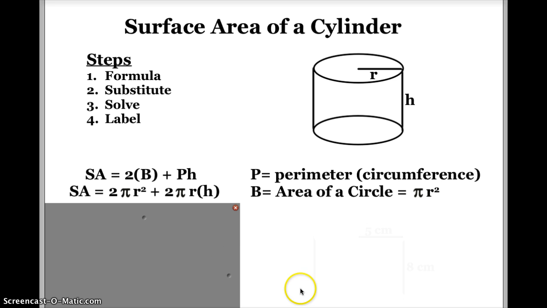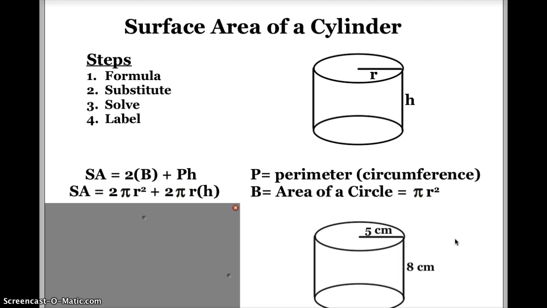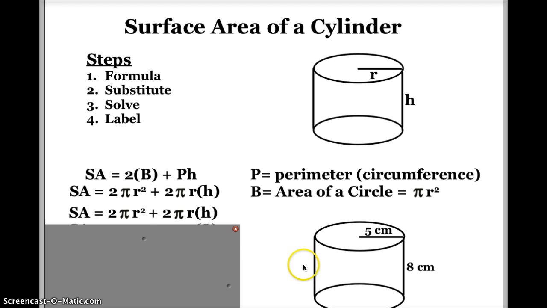So here's an example of a cylinder that I have. If you look at that cylinder, my height is 8, and my radius of the circle of the base is 5. The first step is to write down the formula. So I'm going to copy that formula. Surface area is equal to 2 pi r squared.